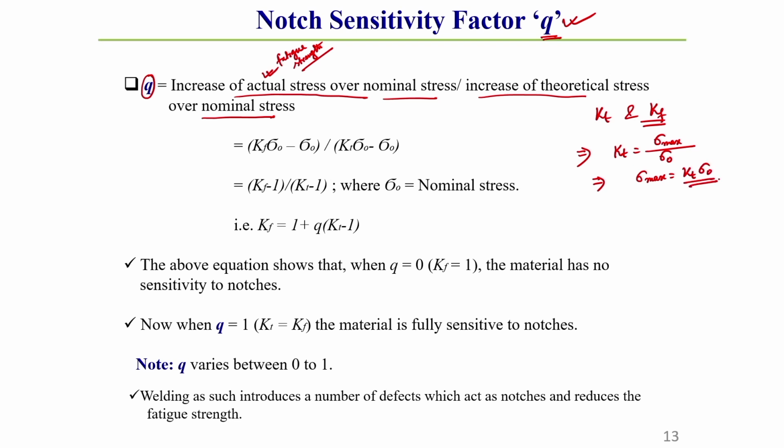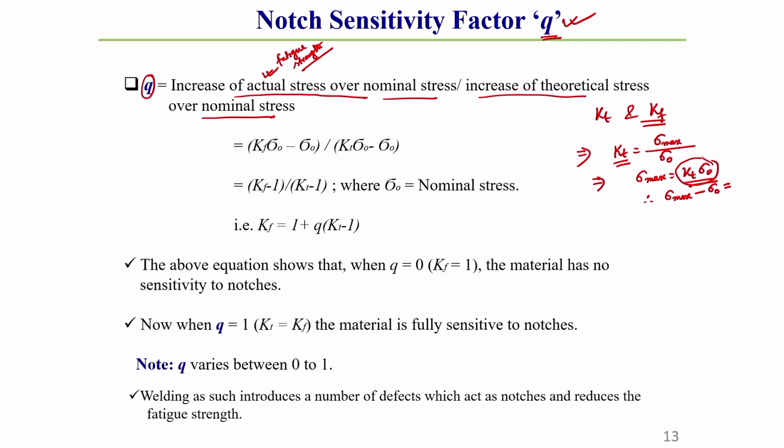So the maximum stress coming due to the theoretical stress concentration factor is Kt into sigma 0. What is the increase of this stress over nominal stress? Sigma max minus sigma 0 you can consider as the increase of theoretical stress over nominal stress.